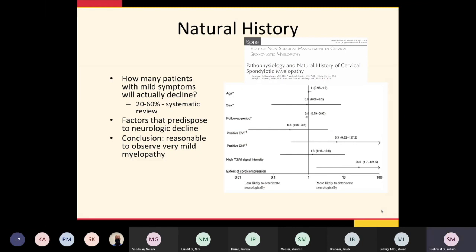So the same studies have shown 20 to 60% overall in a systematic review have mild symptoms, which will continue to show this type of stepwise decline.